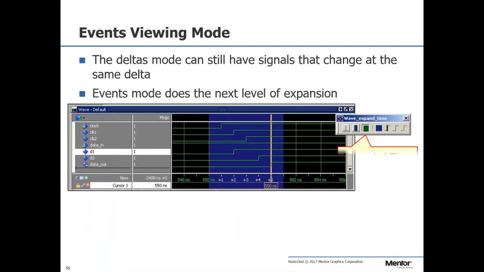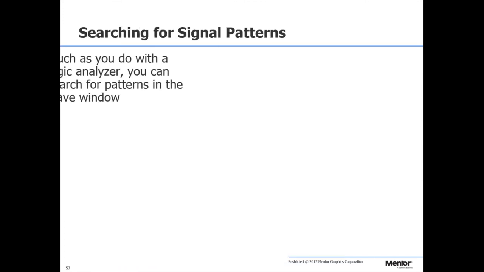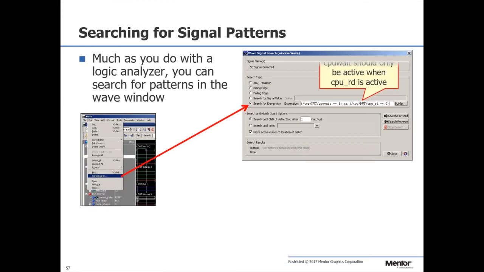And so that is expand into simulator event time. And now you'll see these 2 events that were happening at the same moment, I pushed even further down into simulation event time. So you may not need to go to that even further depth, but if you do, that's available. And all of that is for finding delta type events.